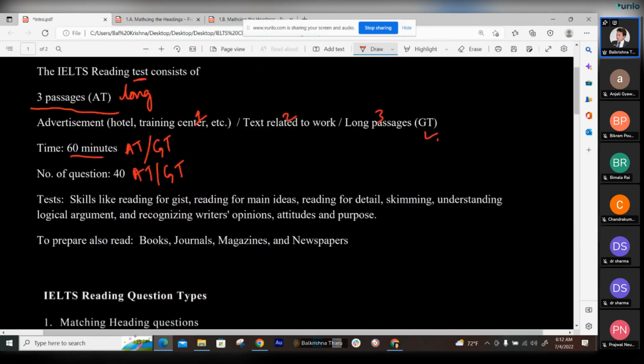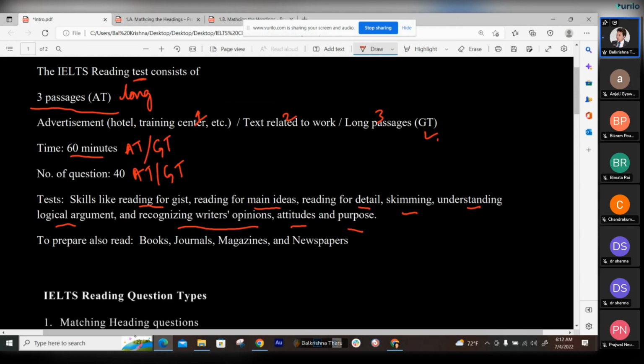Now, what do we need? What skills do we need to master? Skills like reading for gist, reading for main idea, reading for details, skimming, understanding logical argument, and recognizing writers' opinions, attitudes, and purpose.